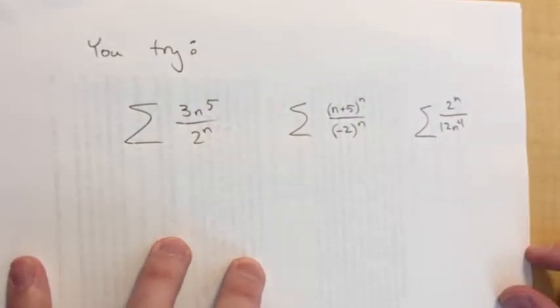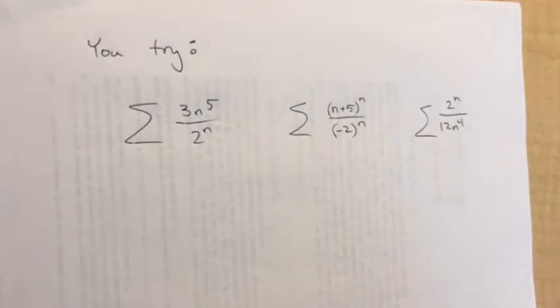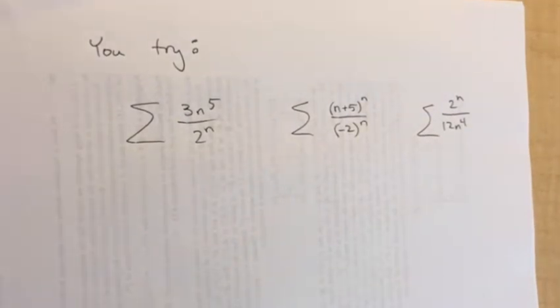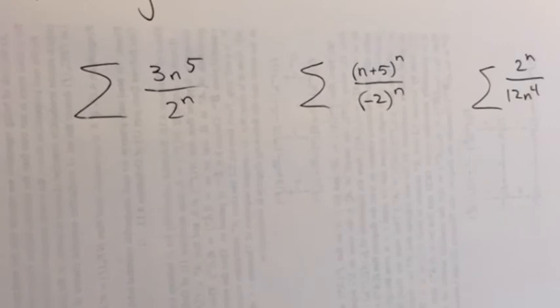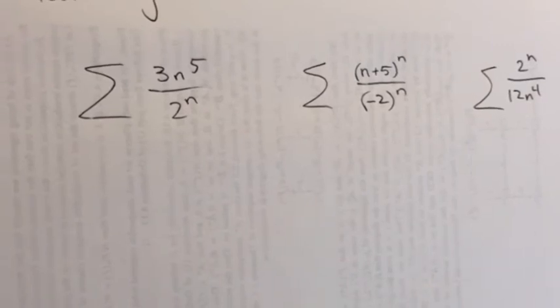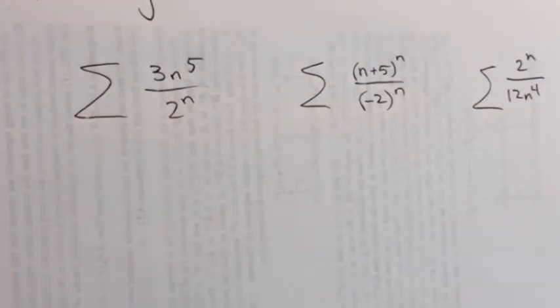All right, see what you think. I'll give you a few moments. I hope you can read them all. The last one says 2 to the n over 12n to the 4. It's up to you. You'll have to decide for each one which one to use, either the ratio or the root.